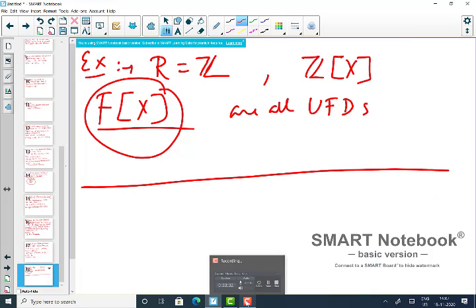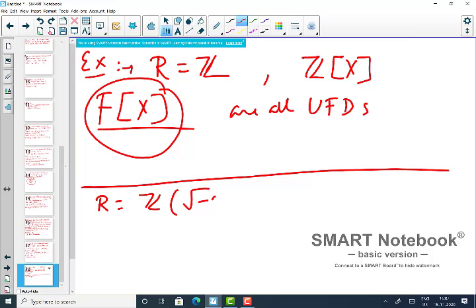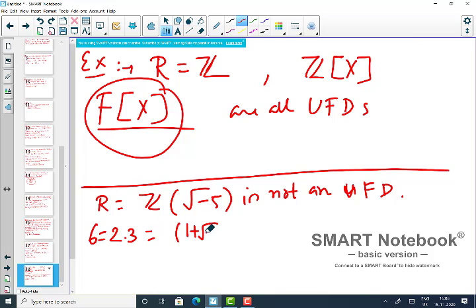Now, for something that is not a UFD, you can give an example like Z[√-5]. This is not a UFD. Why? You write 6 equal to 2 times 3 and also (1 plus √-5) times (1 minus √-5), and you see these are two distinct factorizations of 6.